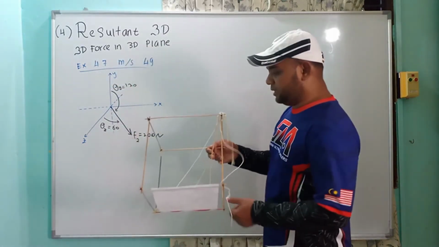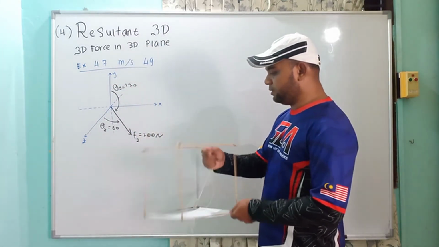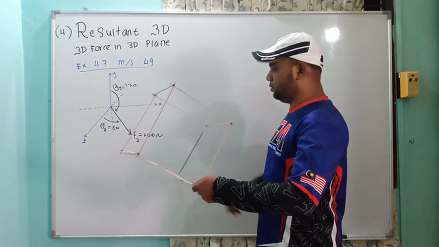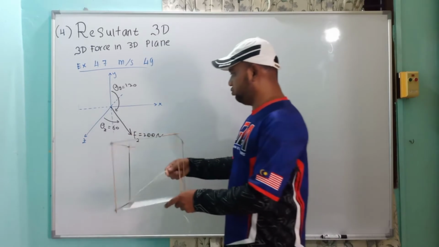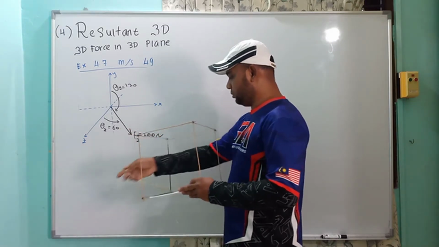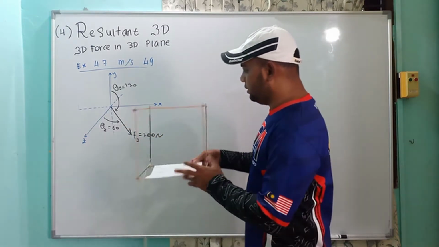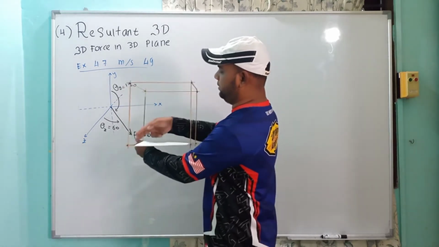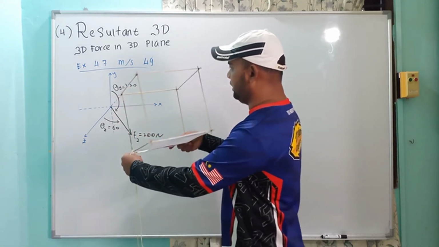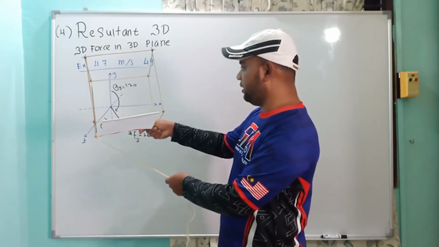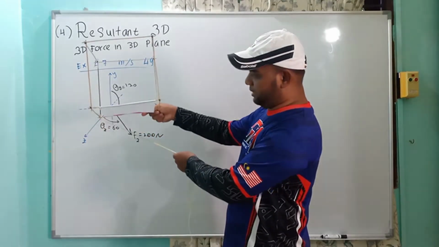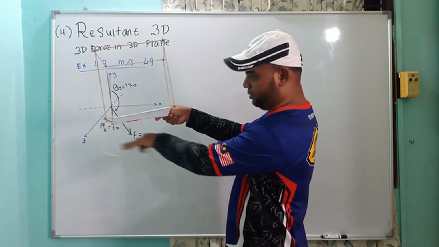To visualize this, let's say we have this force. This is x, z and y. Theta y is 120, so it is somewhere here. Theta z is 60, so from here to there is 60.